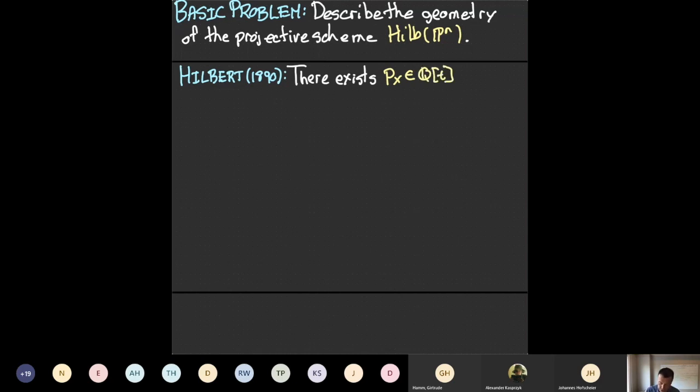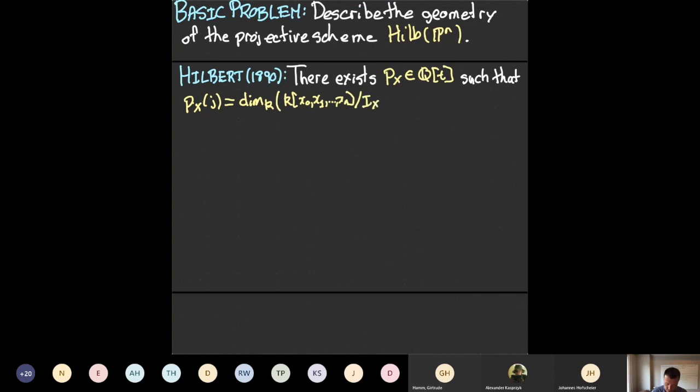So this is a univariate polynomial with rational coefficients. And its defining property is that when we evaluate this polynomial at large integers, we get the dimension of a vector space, namely a piece of the homogeneous coordinate ring for the subscheme in question.